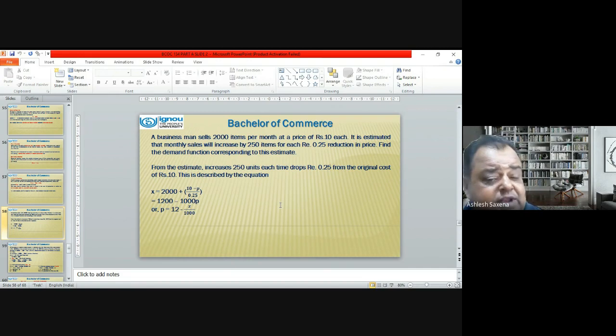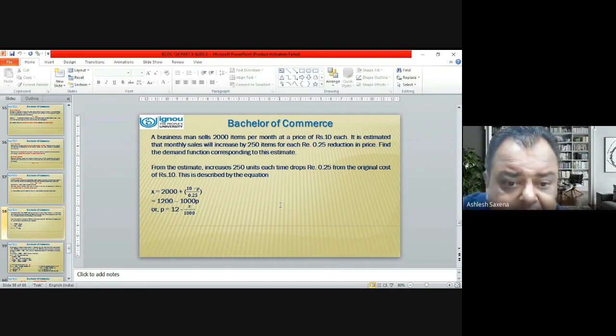The price will reduce from 10 to P. That means the reduction will be 10 minus P. And what is the rate by which it is decreasing? That is 0.25. That means it will be 2000 plus (10 minus P) divided by 0.25, multiplied by 250.